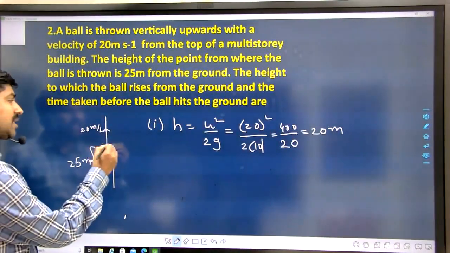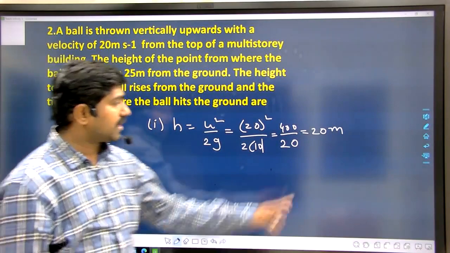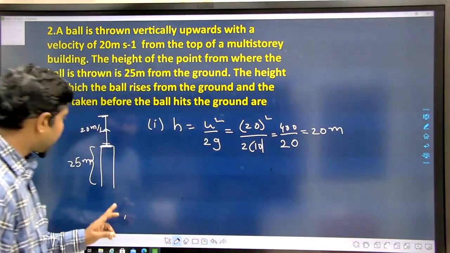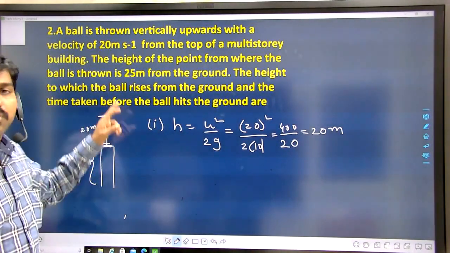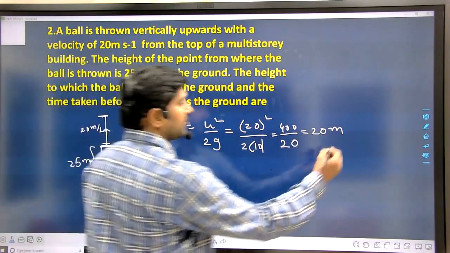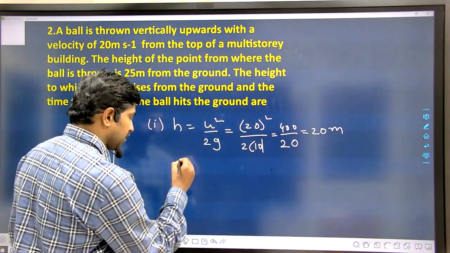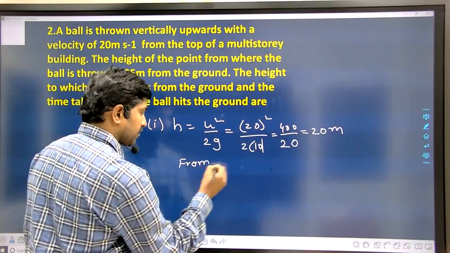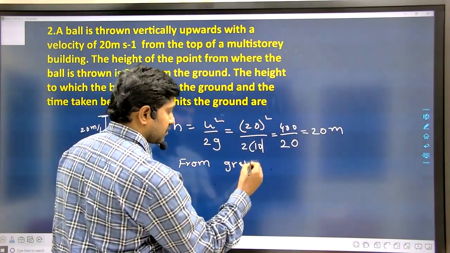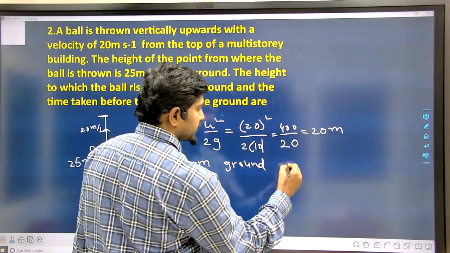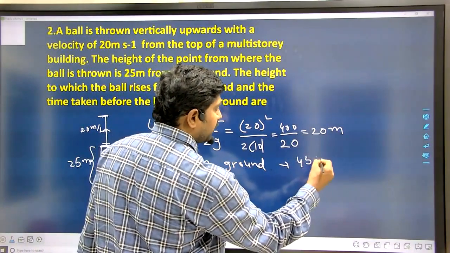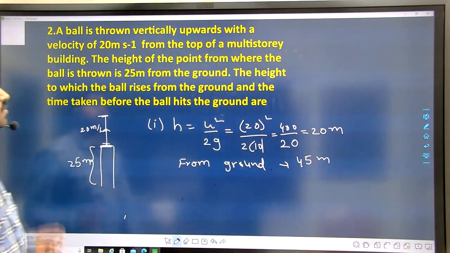From here to here we just calculated 20 meters. From the ground, it will be 25 plus 20, so the answer from the ground is 45 meters. That is the answer for the first question.